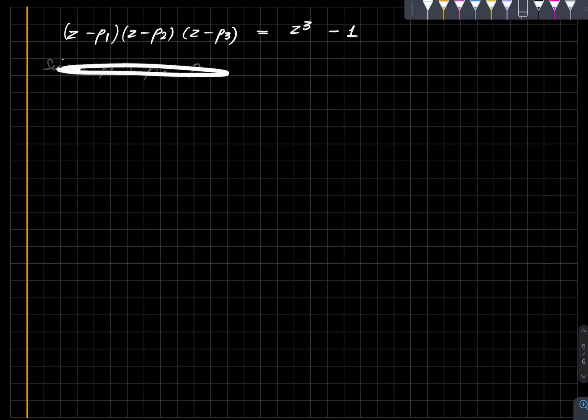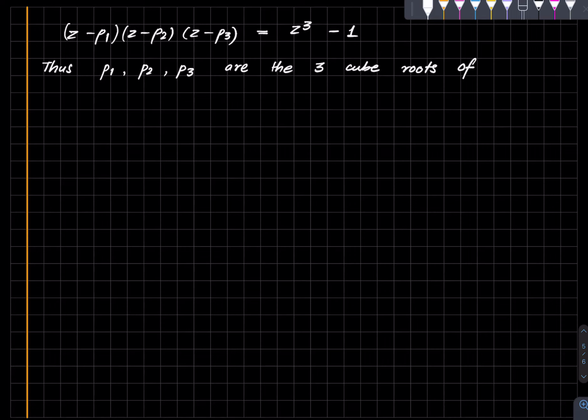So the implication is thus p1, p2 and p3 are the 3 cube roots of unity, because this equation shows that p1, p2, p3 are precisely the roots of this polynomial z cube minus 1, and hence they are precisely the 3 cube roots of unity.